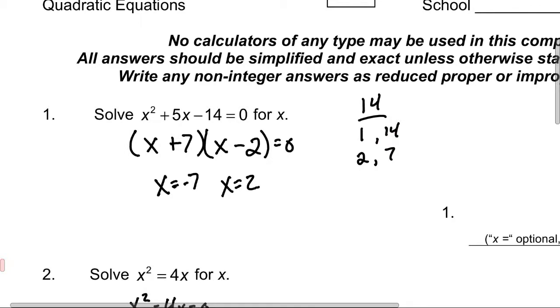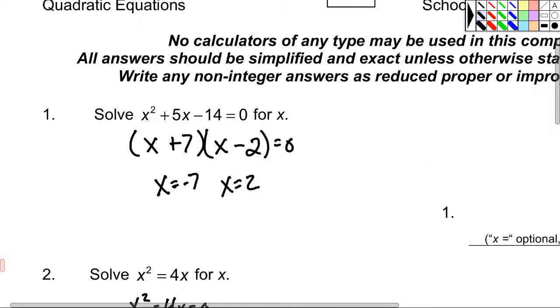So then you have quantity x plus 7 times quantity x minus 2 equals 0. The only way that could ever be true is if the thing in here was 0, because 0 times anything is 0.